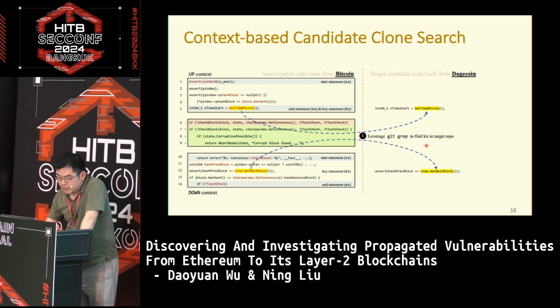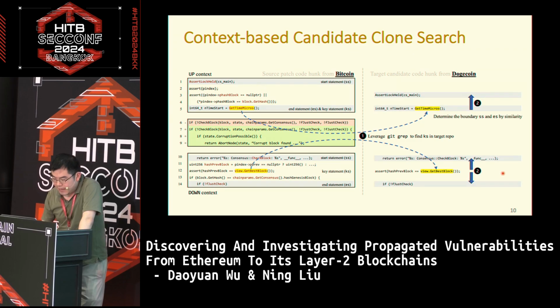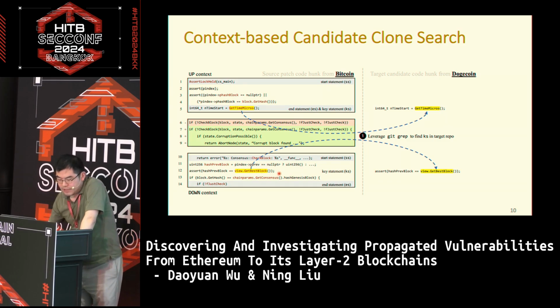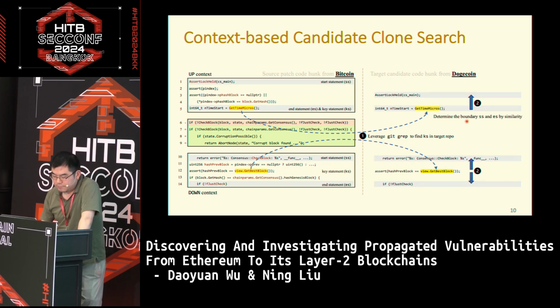Then we simply use grep to find the corresponding key statement in Dogecoin here. You can see both statements can be identified. I also want to mention this is a similarity-based search. It is not an exact search, so we use some similarity threshold.